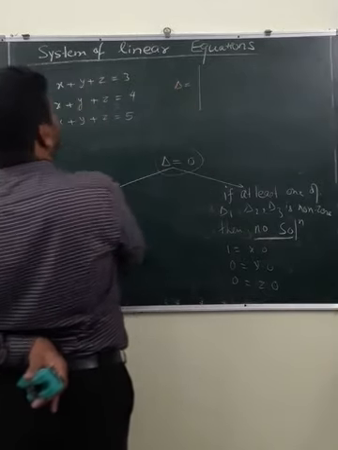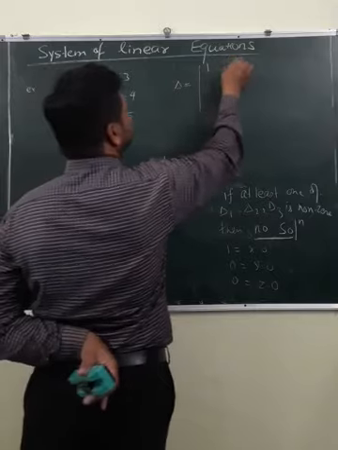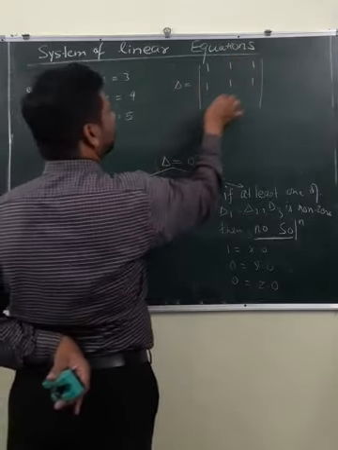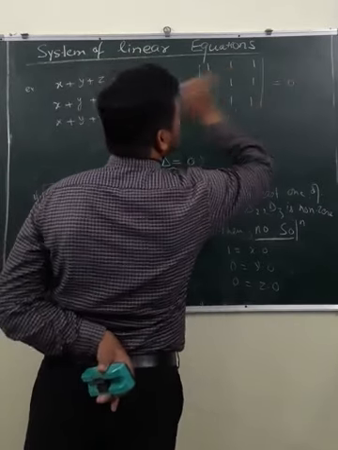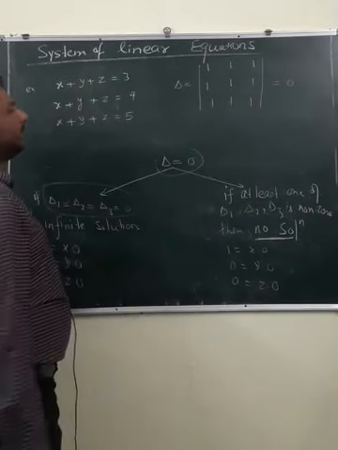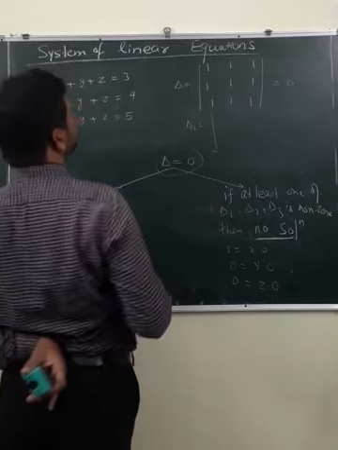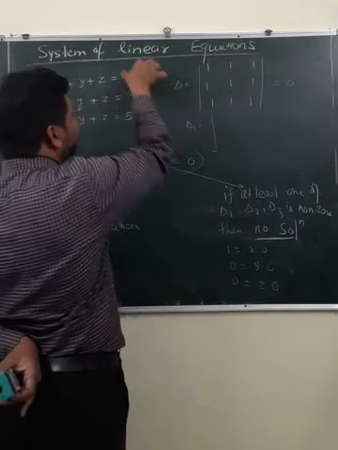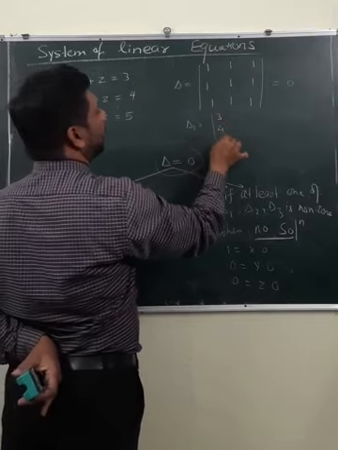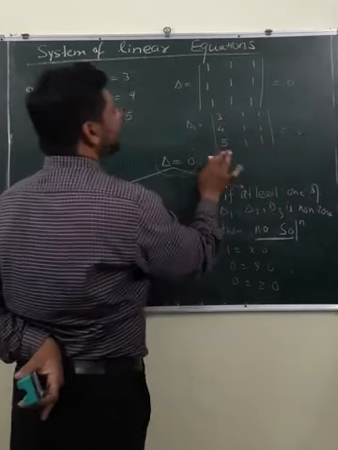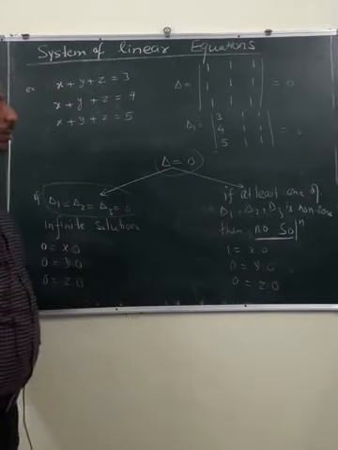Delta is 1, 1, 1 and 1, 1, 1, 1, 1, 1. All 3 columns are identical, so its value will be 0. If I calculate delta 1, I will replace this by 3, 4, 5. Again 2 columns will be the same, identical, that means 0. Similarly delta 2, delta 3 all are 0.